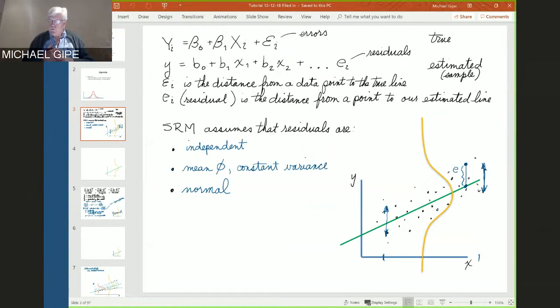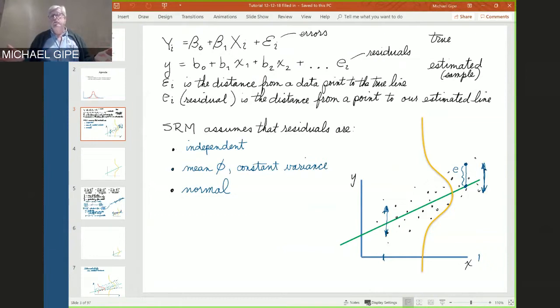And then those residuals should be normal. That is, the data itself should be clustered around, above and below the regression line, and it should take on a normal distribution. As you can see in the picture here, that yellow line is a representative normal distribution, and all of our points should take on that kind of a distribution in the y-axis.